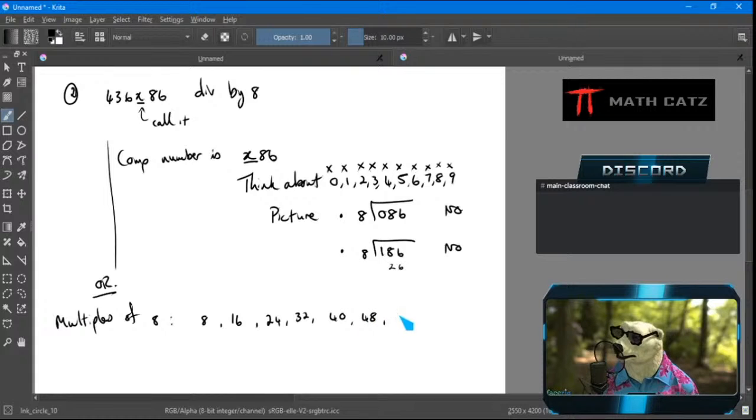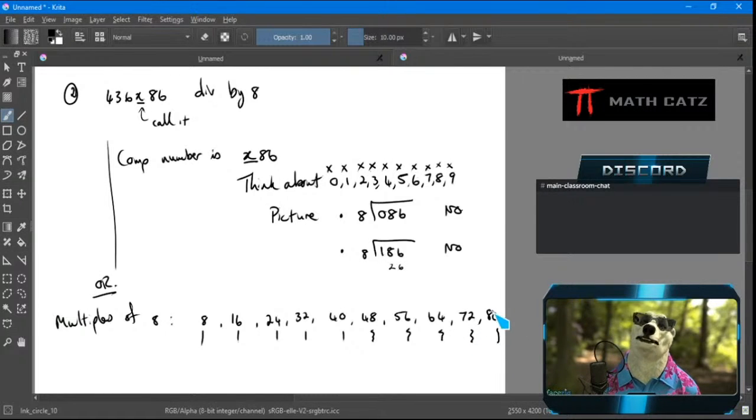I'll do a couple. 56, 64, 72. Let's do one more. 80. Now look at the pattern here because there is one. The ones digit: 8, 6, 4, 2, 0. 8, 6, 4, 2, 0.